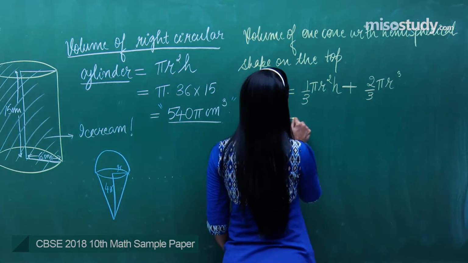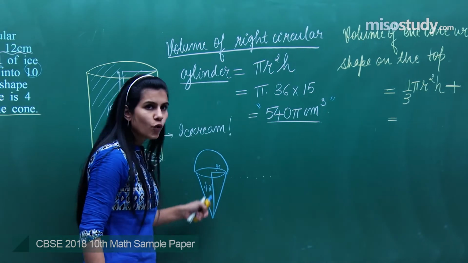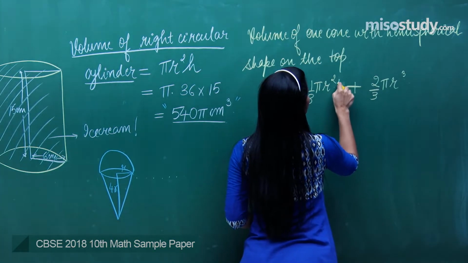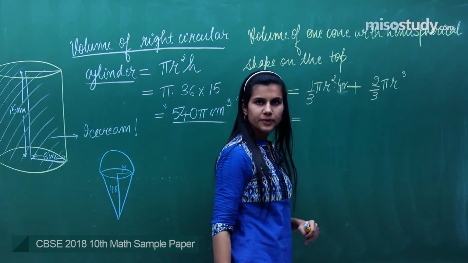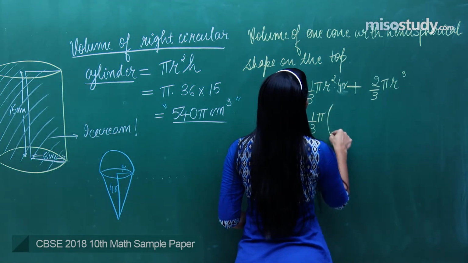Let's sort this out. The height of the cone is what? It is 4 times r. So the height gets replaced, and this becomes 4 times r. What is it that you get? You can take out 1 by 3 pi common.